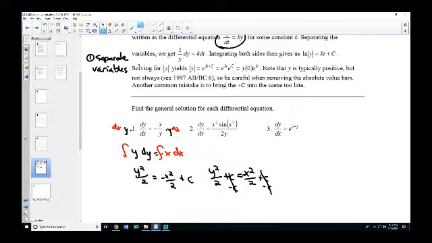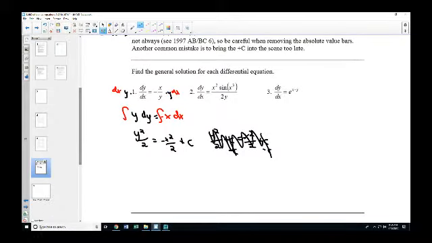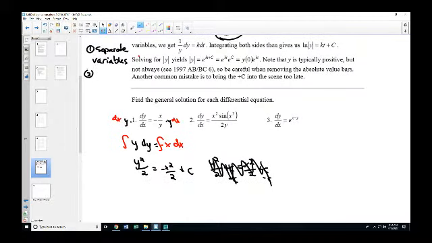It doesn't matter, because that b is going to come over here anyway and be with this number. You're going to combine those numbers. So all you need is one constant. Don't worry about doing that. Just one c is enough. So you just anti-derived. And now this is an algebra problem: solve for y. So separate variables, integrate, and solve for y.